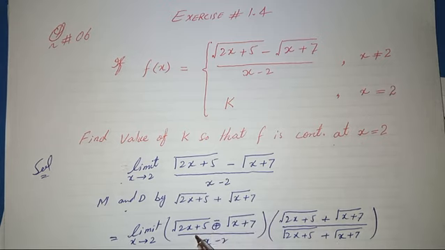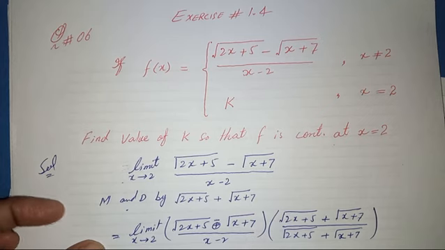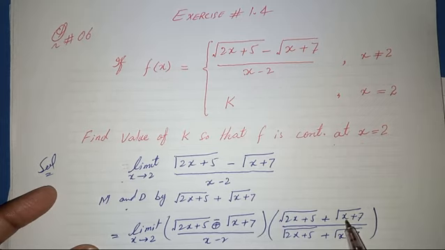Limit x tends to 2, so you have now multiplied and divided the given function by this term. Square root of 2x plus 5 multiplied by square root of 2x plus 5, you can write in square form, and minus square root of x plus 7 multiplied by square root of x plus 7, you can write in square form, while the square is out of the bracket as a whole.